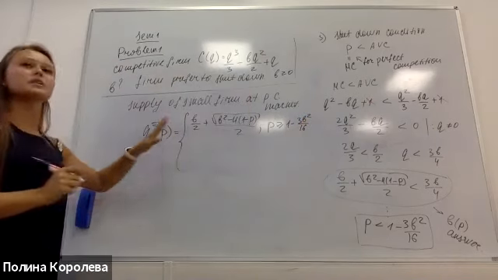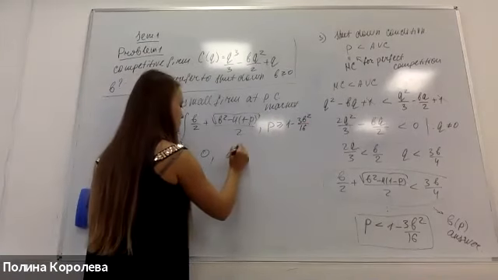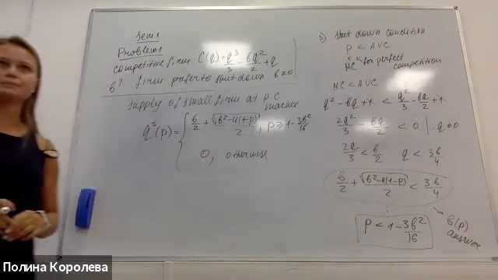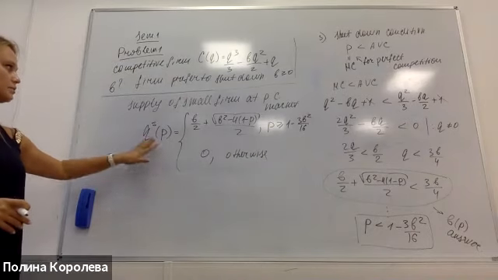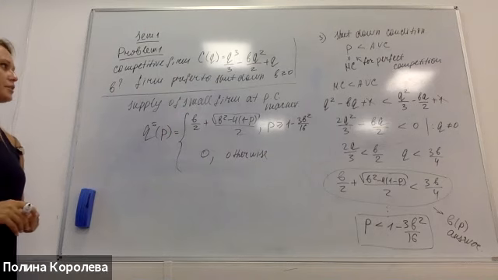And the firm leaves the market and produces 0 otherwise. Yes? This is the supply of the small firm at a perfectly competitive market.